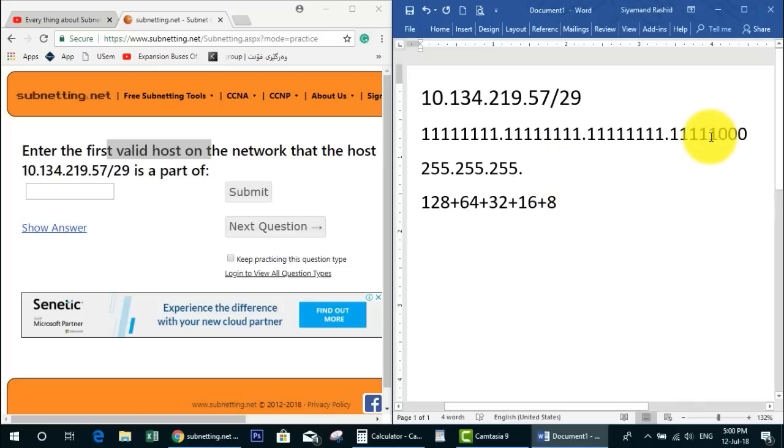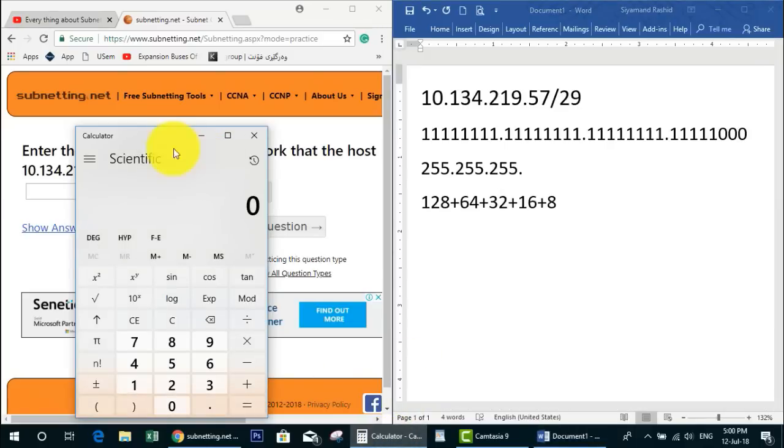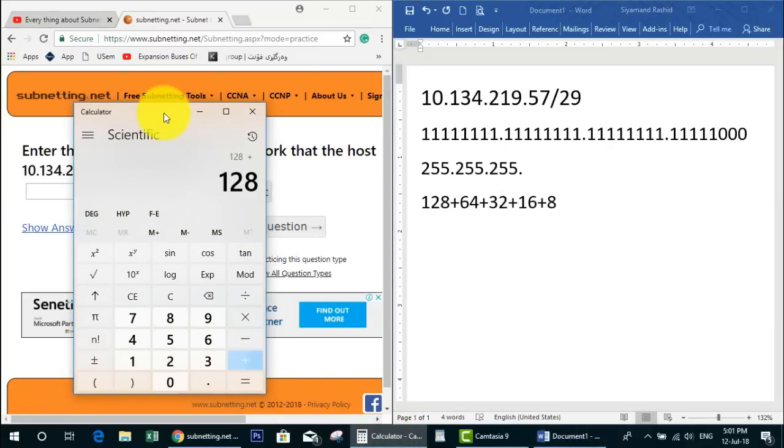I have a calculator here and I will calculate it. 248. So we have the subnet mask 248.